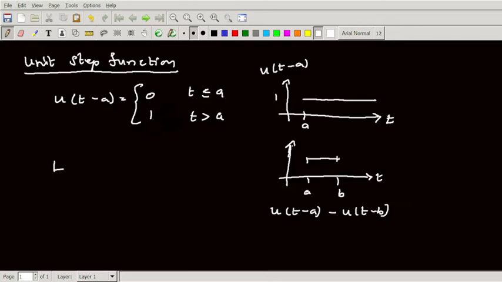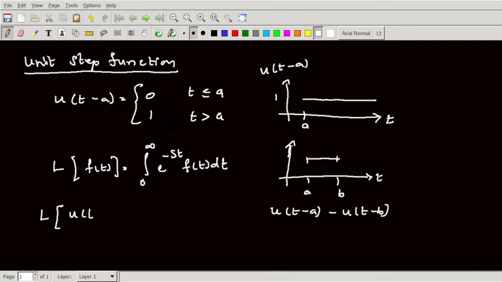Laplace of f of t, we know the definition: integral from 0 to infinity of e power minus st into f of t dt. Here f of t is nothing but u of t minus a.